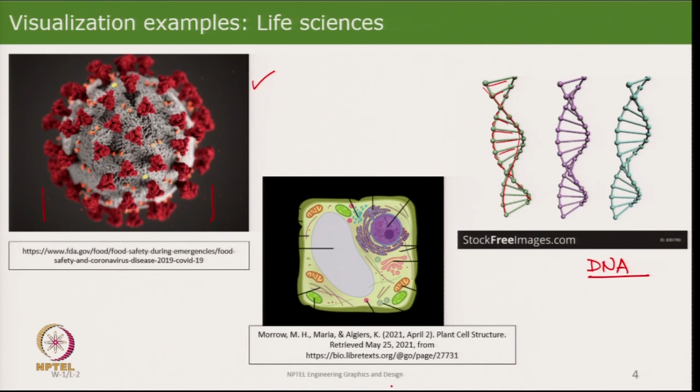The third example I put here is of a structure of a cell. So, this is a plant cell, and we may have studied some of this in school, but this is in a very simple way.